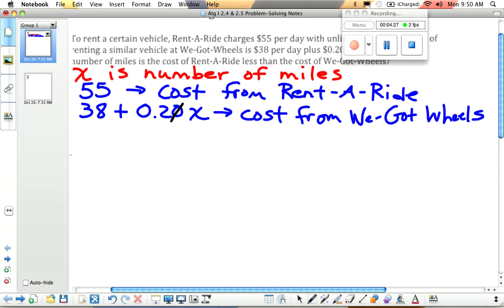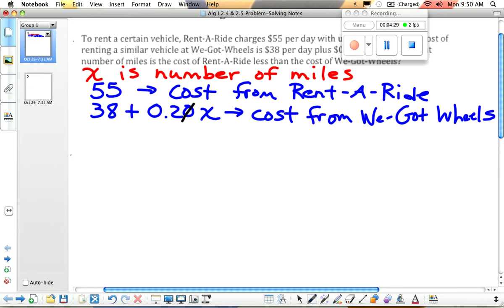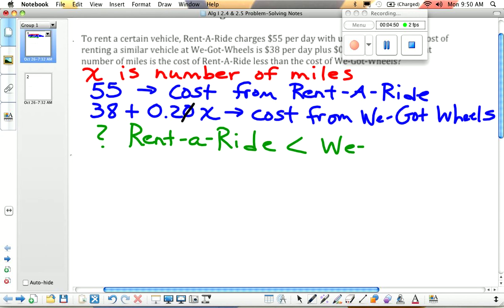Okay, well then, what's the real thing that we have to solve for? The real question here is: when is Rent a Ride less than We Got Wheels?